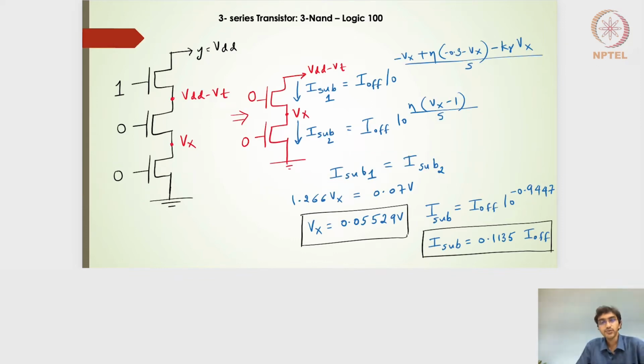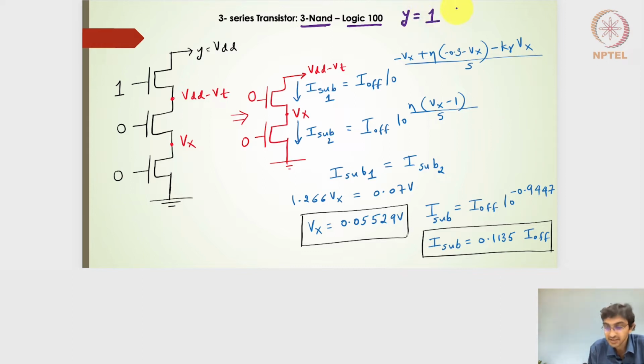So we were looking into the three series transistors, especially for the three input NAND gates, and we were looking into the logic of 1 0 0 in the previous lecture. Remember that for a three input NAND gate, the logic of 1 0 0 will yield an output logic of 1.